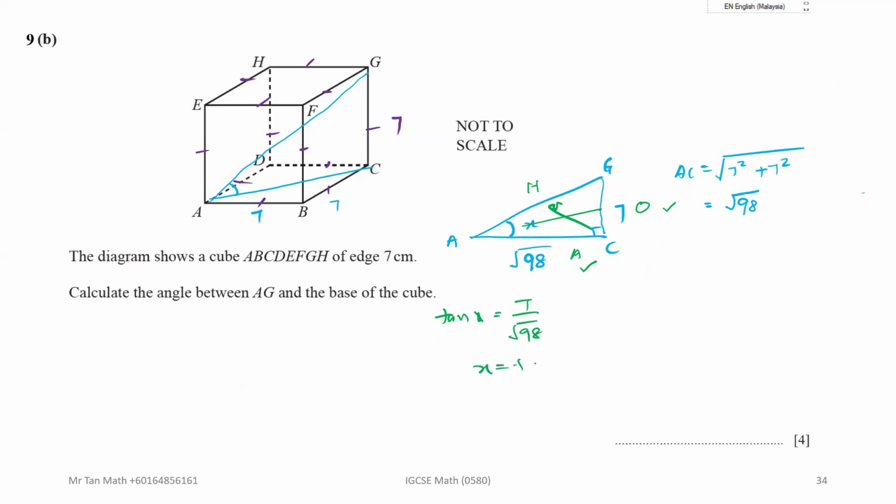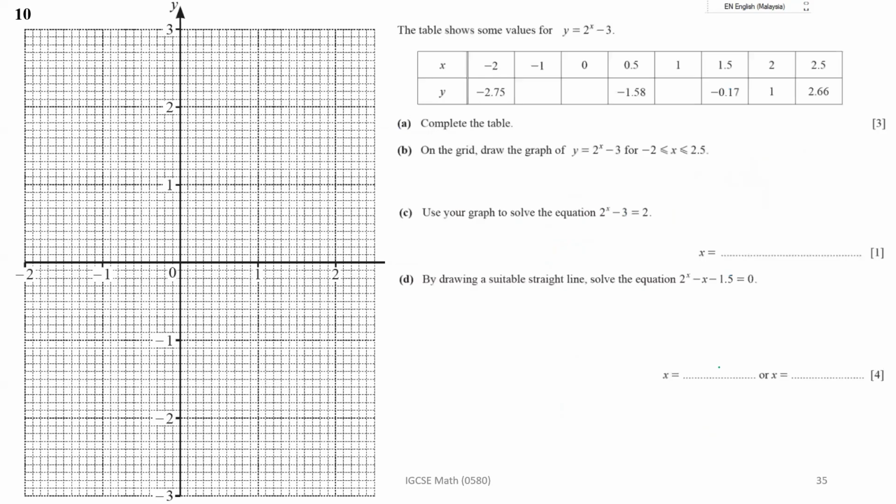So x equals shift tangent of 7 over square root of 98. You should get 35.26, 35.3 degrees to 1 decimal place.